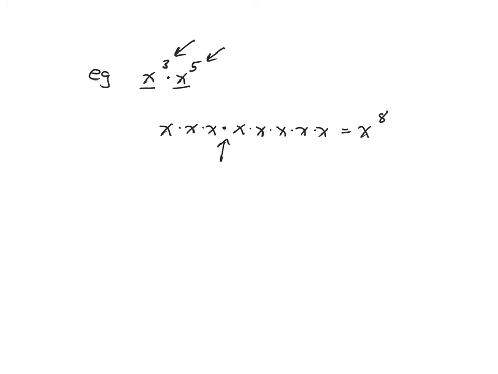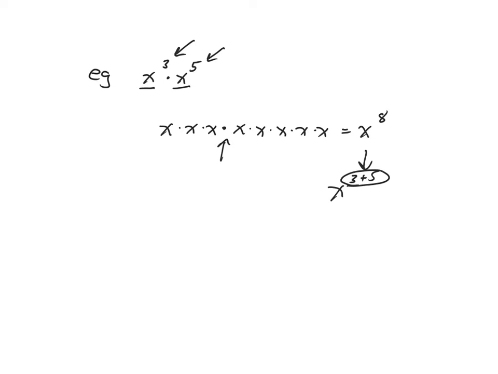So how is that 8 related to the 3 and the 5? Well, simply put, that's the same as x to the 3 plus 5. So when we multiply bases, we are simply going to add the exponents. And again, you've seen this before, but I'm really asking you to try to remember and understand what's going on.